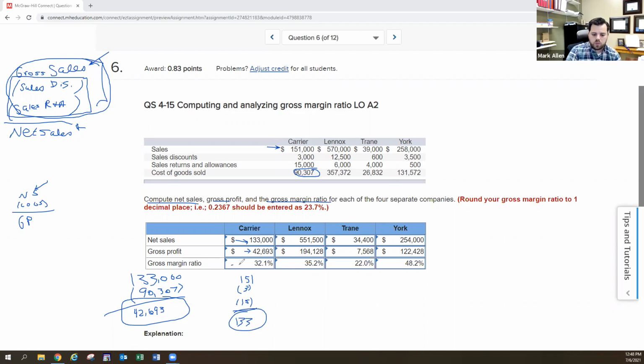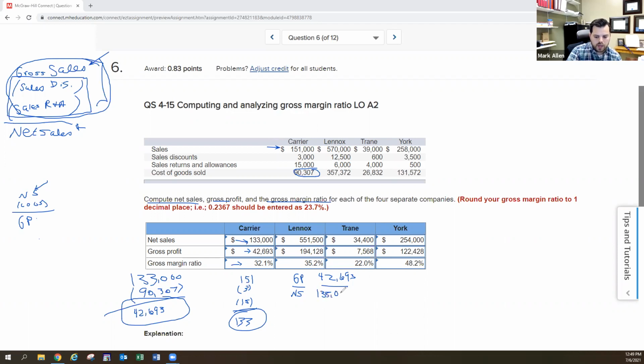And then, of course, the gross margin ratio we covered very briefly earlier as gross profit divided by sales. So this right here is the gross profit divided by my sales. But notice this is divided by my net sales. This will be gross profit divided by net sales. So for Carrier then, this is 42,693 divided by my net sales here, which we established was 133.